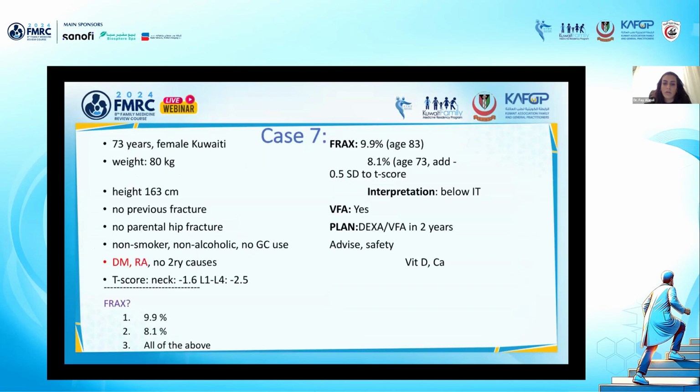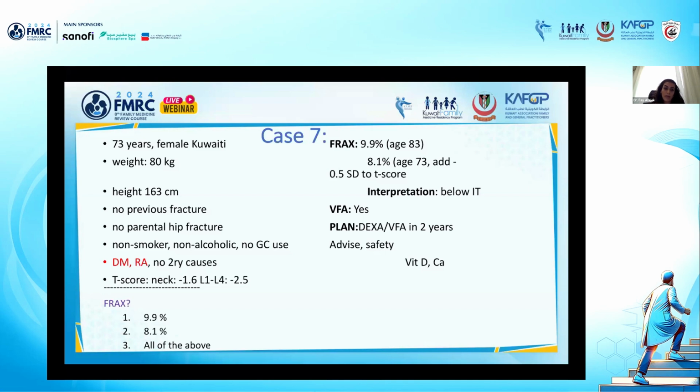As you know, the FRAX tool has no specific question for diabetes. So you either answer that the patient is diabetic by ticking yes for rheumatoid arthritis, by adding 10 years to the age, or by decreasing the T-score of that patient by adding another 0.5 to the T-score.